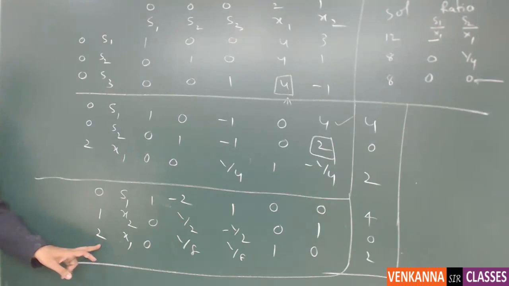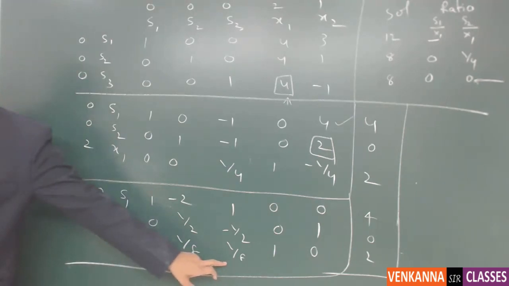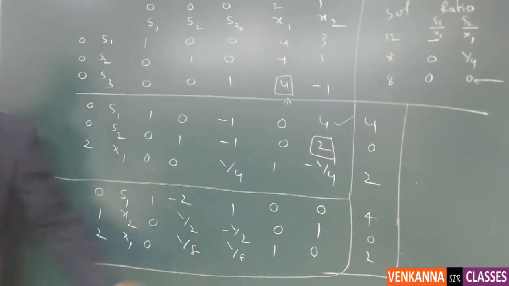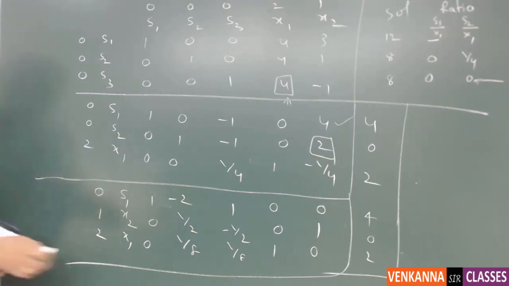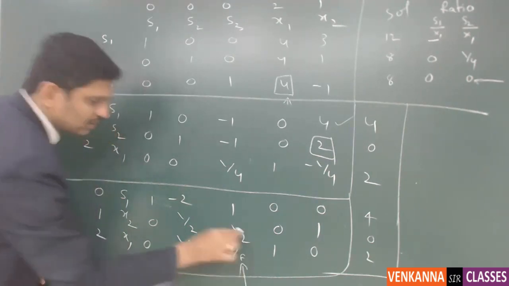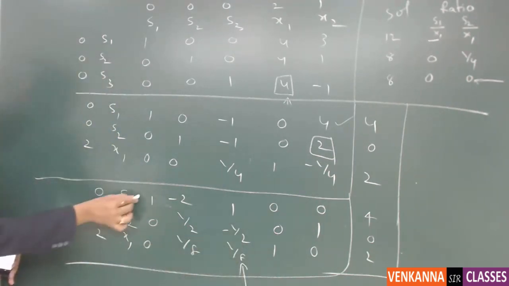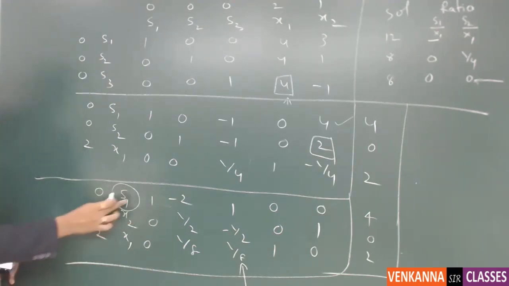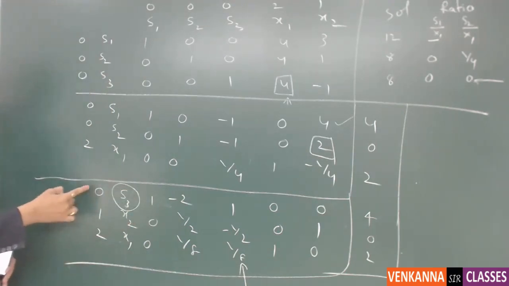Right. Again, we are going with a pivot element. Where it comes? This third position, say S3. Exactly. So at this position, you are taking that. So S1 is replaced by S3. 0 will be as it is. The necessary table will take place.